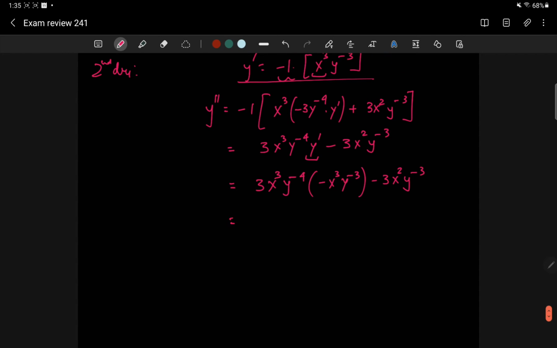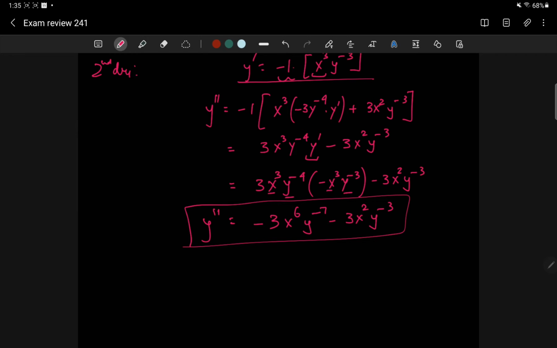Okay, so that becomes negative again. Negative 3, the powers of x add up, and the powers of y add up. So y double prime is whatever this nasty equation is: negative 3x to the 6, y to the negative 7, minus 3x squared y to the negative 3.